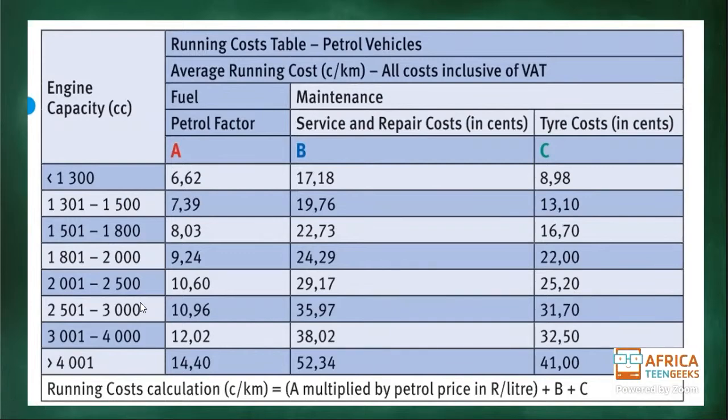So these are engine capacities. This is not the price of petrol. This is what is known as the petrol factor. We are going to use this petrol factor when we do our calculations, and you will see how it fits into the equation when we need to know the running costs of vehicles per kilometer.